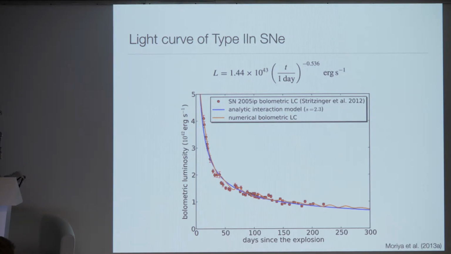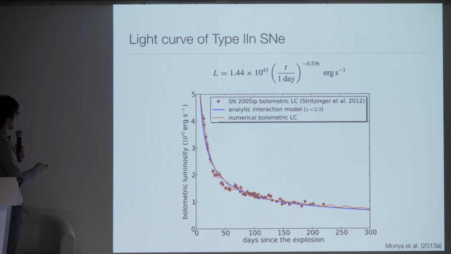So this is the fit. And to confirm whether our analytic model is doing well or not, we also did a numerical simulation of radiation hydrodynamics. Based on the analytic model, we can get what kind of density structure is expected in this Type IIn supernova, and we can put exactly the same structure in a numerical radiation hydro code and see what happens.